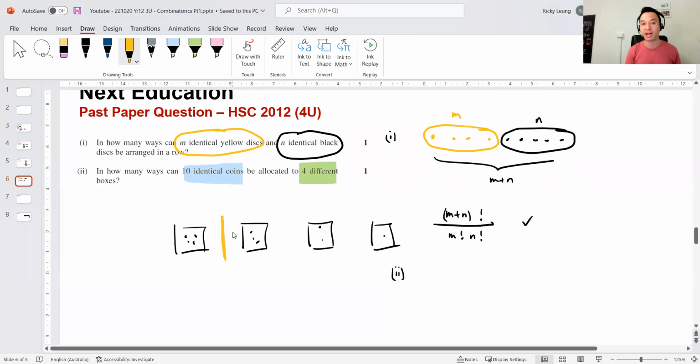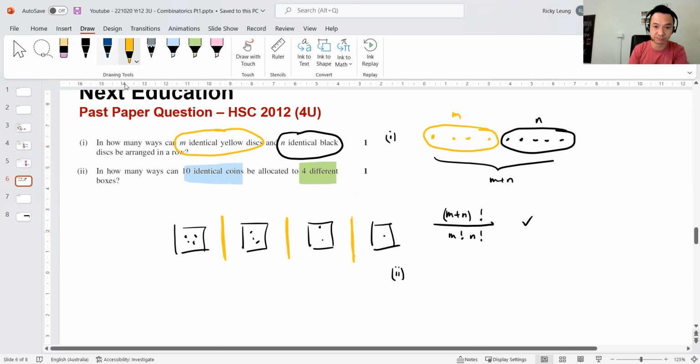I'm going to call this gap a divider. For 4 separate compartments, you've basically introduced 3 identical separators or dividers.